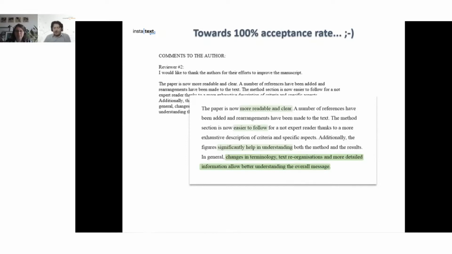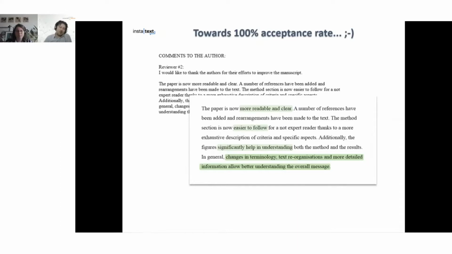But then one day, when we had the tool ready, InstaText, we sat in front of a big screen and we started to improve paragraph by paragraph. And this was the review just 1.5 months later. All reviews looked approximately the same, but this one summarizes all of them.